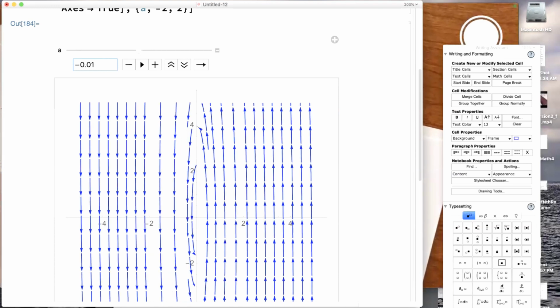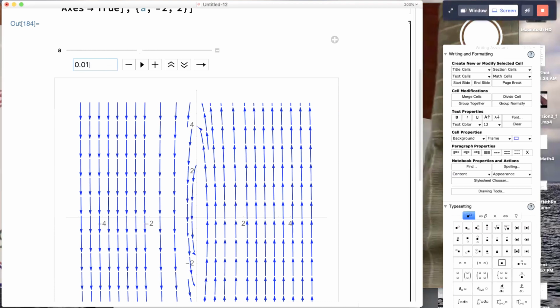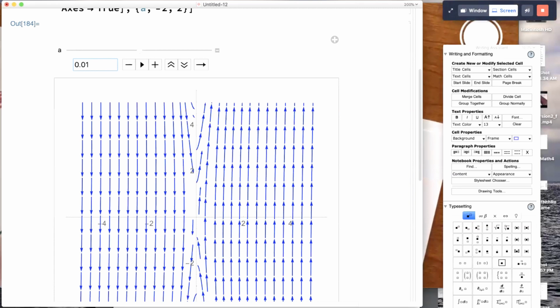At -0.01, it's a little bit more clear, but still tough to tell. It's hard to draw a super accurate graph in those cases. When a is bigger than 0, it has transitioned to a saddle point.